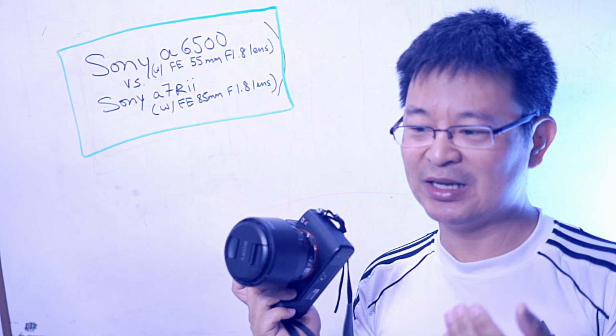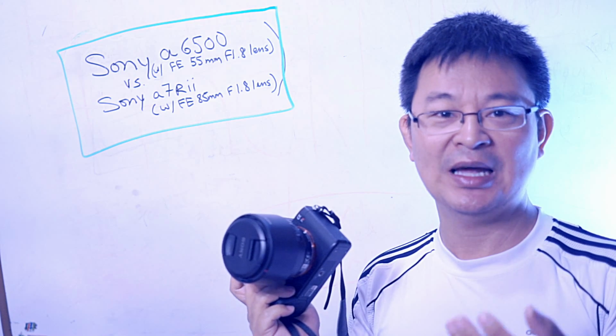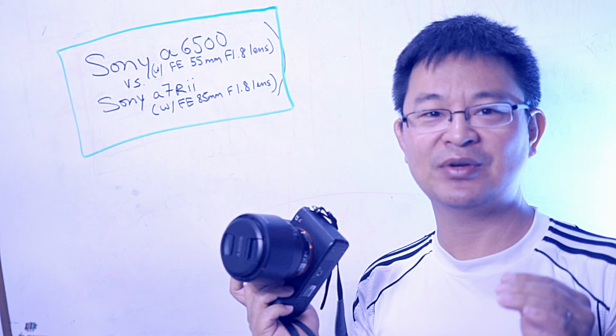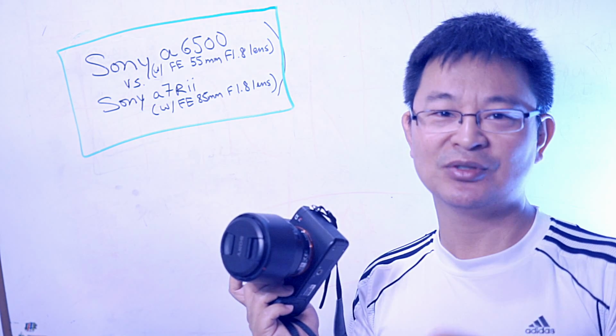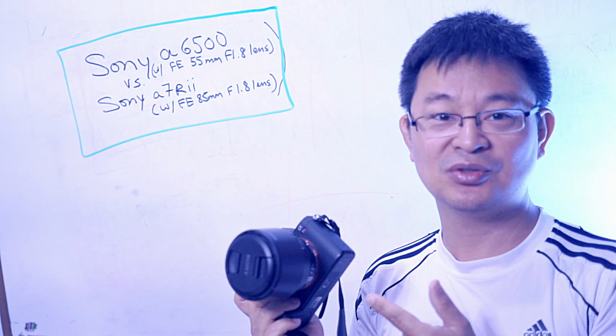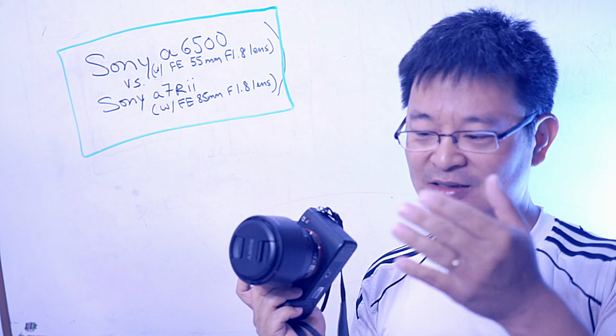As I zoom in, I realize for the Sony a7S II, at about 3 times, you start to see pixelation. For the Sony a6500, when you zoom in 6 times, you start to see pixelation. And then when you try the Sony a7R II and you zoom in, you start seeing it after 9 times.